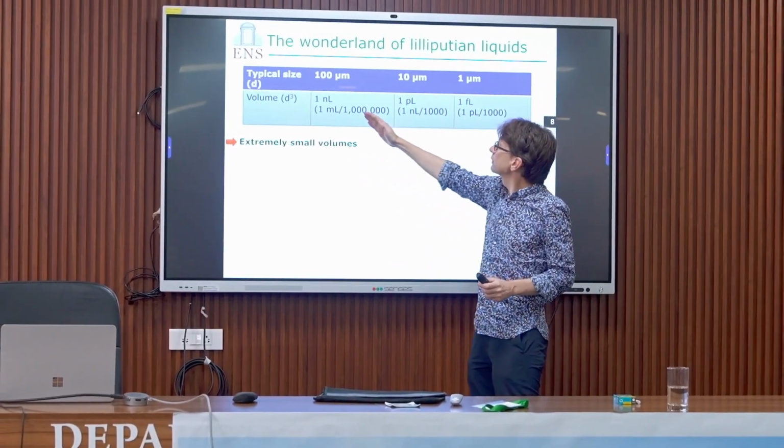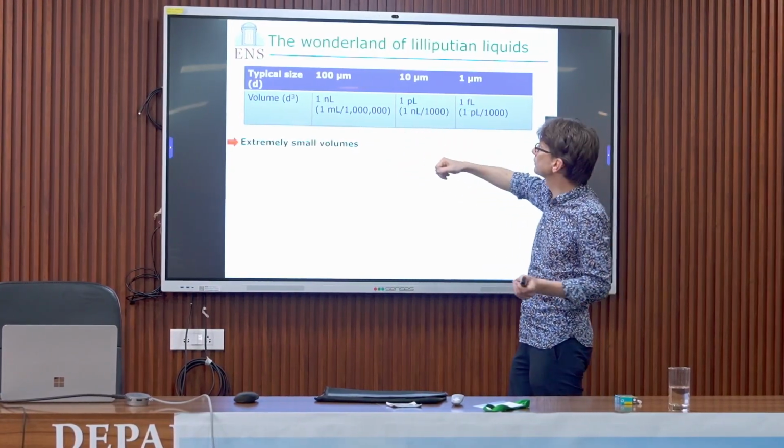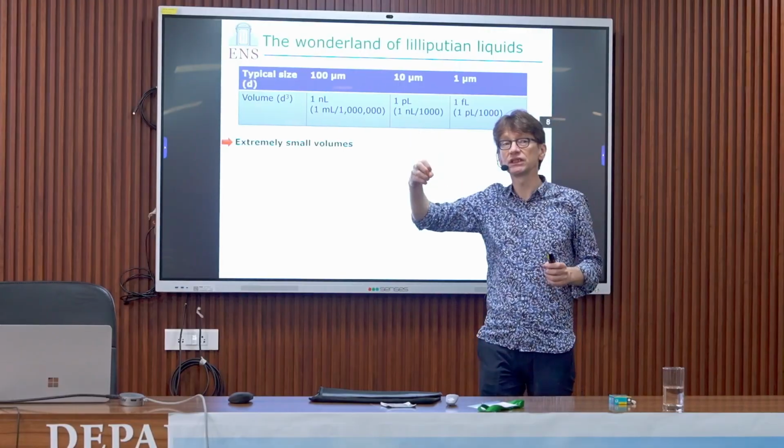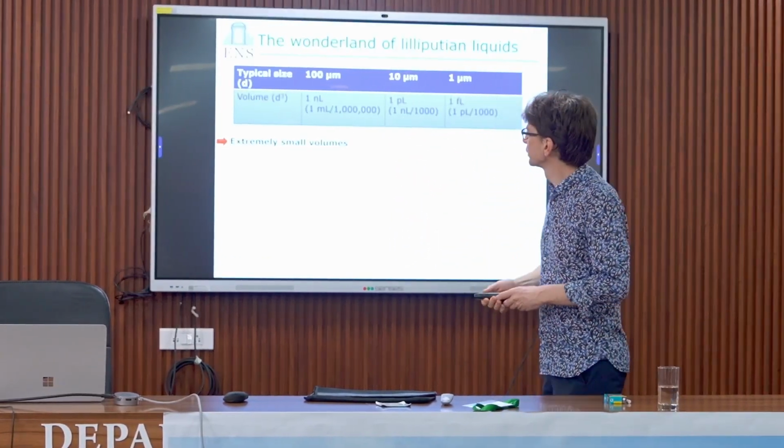Each time you decrease your size by 1 order, you decrease the volume by 3 orders of magnitude. So in microfluidics, we can very easily be in the picoliter regime, an extremely small amount of volume.